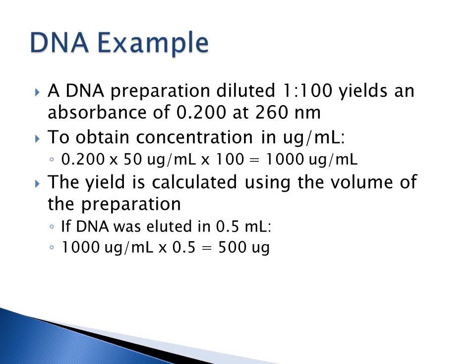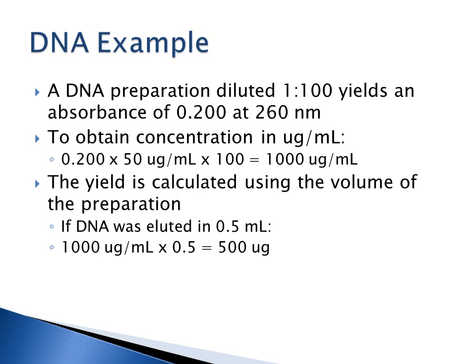So in order to get your concentration of DNA in micrograms per mil, you take your 0.2 reading at 260 times your DNA conversion factor, which is 50 micrograms per mil, times your dilution, in this instance it's 100, that calculates out to 1,000 micrograms per mil. So that's the concentration of your DNA. You have 1,000 micrograms per mil.